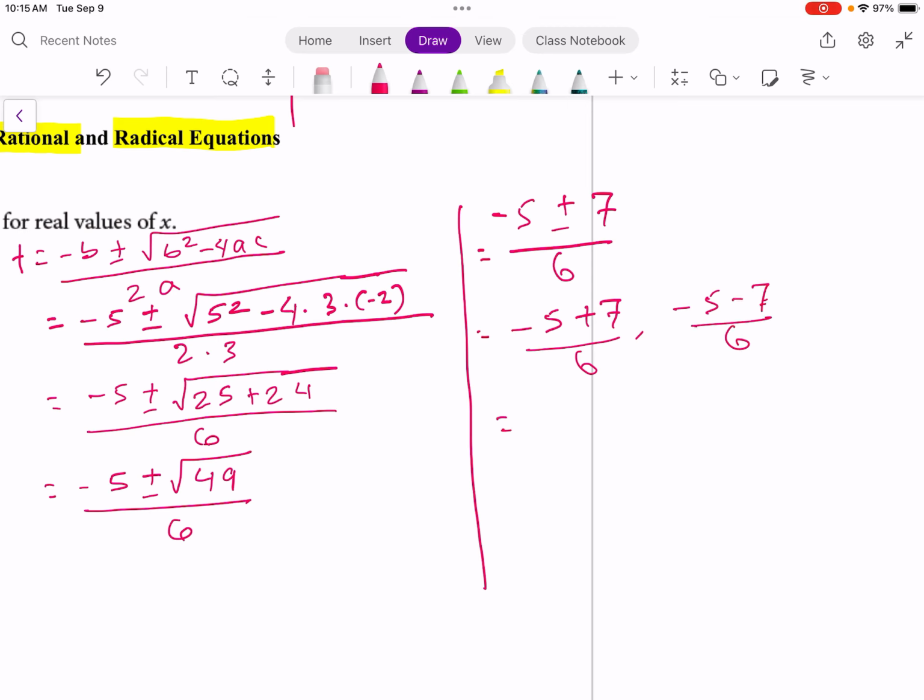So this is positive 2 divided by 6, and this is negative 12 divided by 6. We can simplify. This is 1/3 and next is negative 2. So this is t. Our t has two values: one is 1/3 and next is negative 2.